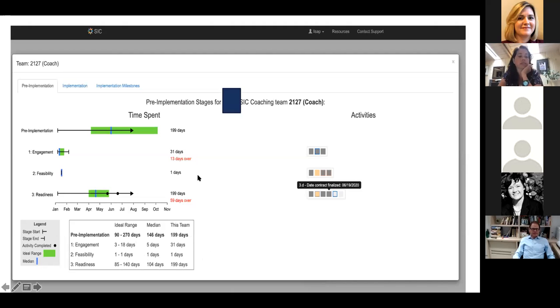In this particular example, we can see that the team spent a little more time in the engagement process than is typical for this evidence-based practice, and a little more time in readiness than is typical. But as I showed you before on those pacing graphs, there are ways that we can recover from that. So the underlying algorithms feeding into this take that into account.